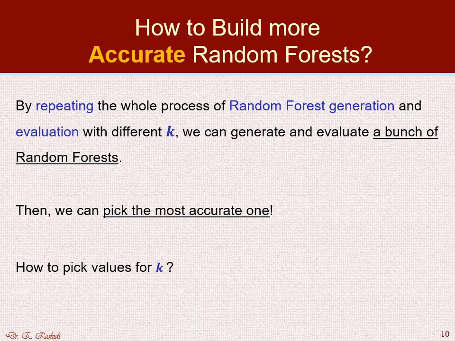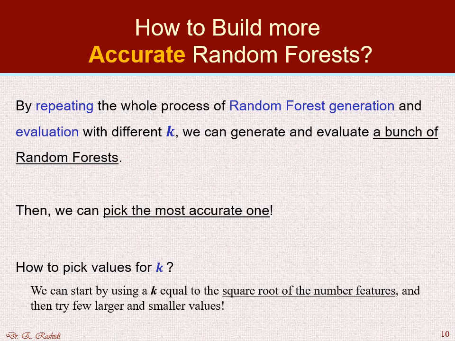How to pick values for k? We can start by using a k equal to the square root of the number of features and then try a few larger and smaller values than that.